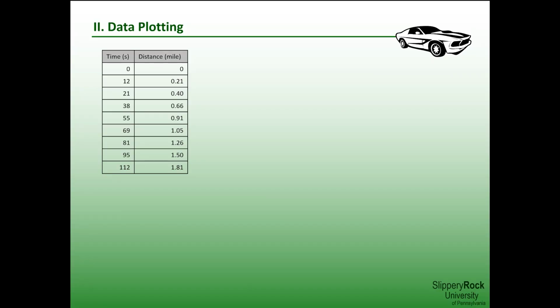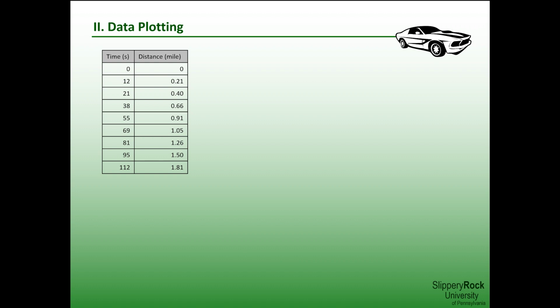On this slide, you can see a clear example of how we take raw data, plot it in Excel, and extract important parameters like the slope and y-intercept from a linear relationship. On the left-hand side, we have our experimental data. The first column shows time in seconds, and the second column shows distance in miles traveled by our vehicle.